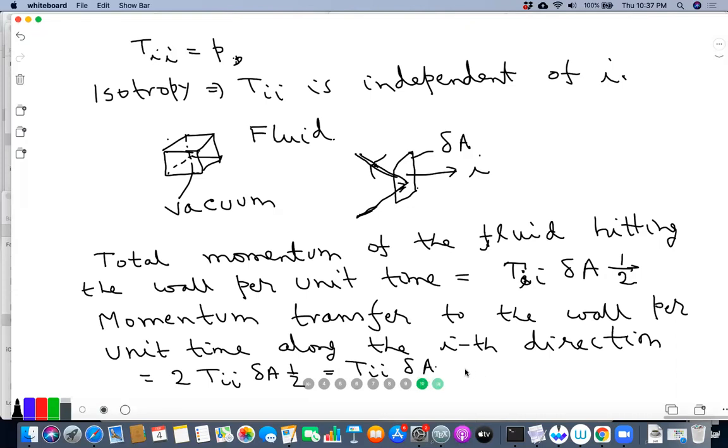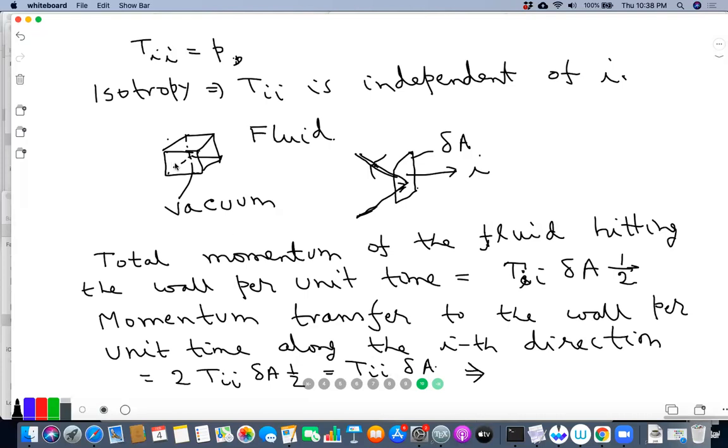And this means that the pressure of the fluid, pressure being defined in this situation as force per unit area. So this is a momentum transfer per unit time. That's the same as the force that is exerted on this wall from the left, along the ith component of the force.